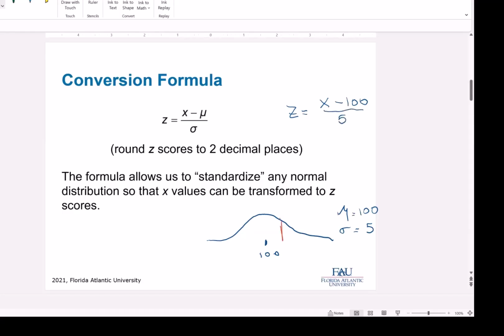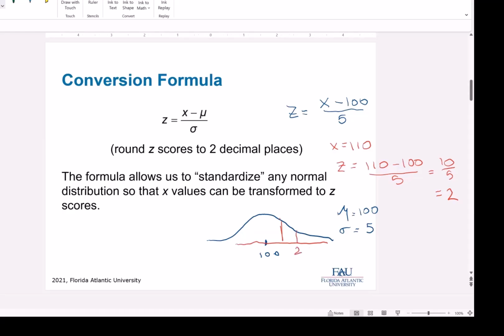Let's make X equal 110, and the problem will state what X is. We would have Z equals 110 minus 100 divided by 5, which is 10 over 5, which is 2. Our Z number is 2, which means we're 2 standard deviations away from the mean.